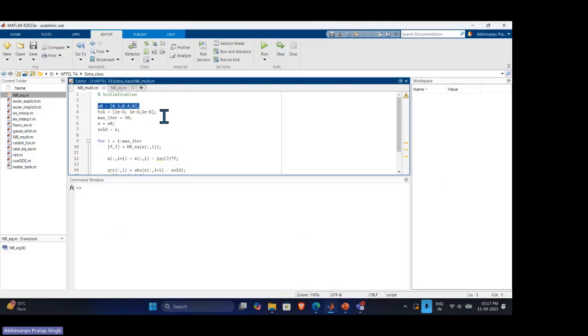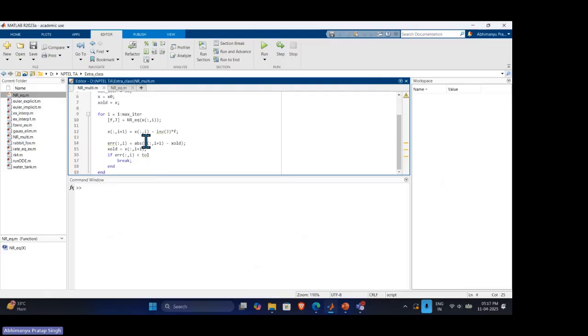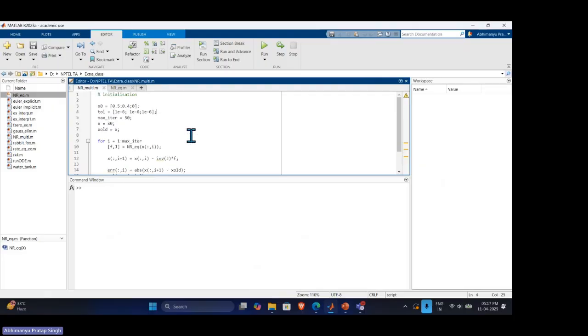Then there are tolerances, so when to stop the iteration. Let me go through. I will run this loop 50 times. It can stop before that also, but the maximum number of iterations would be 50.